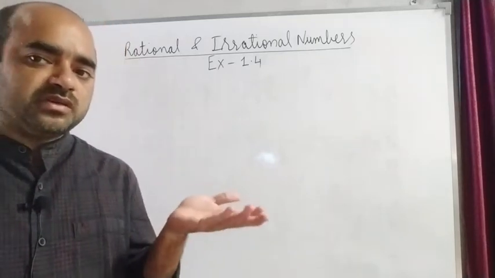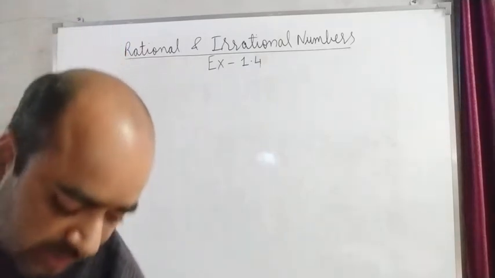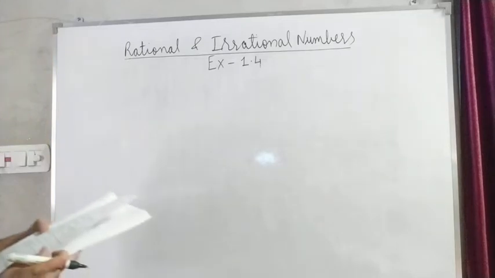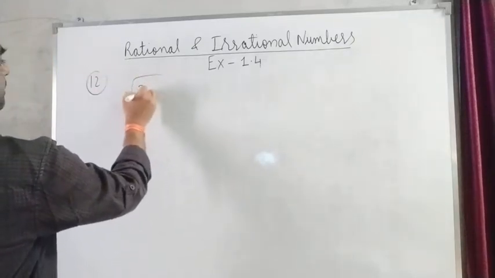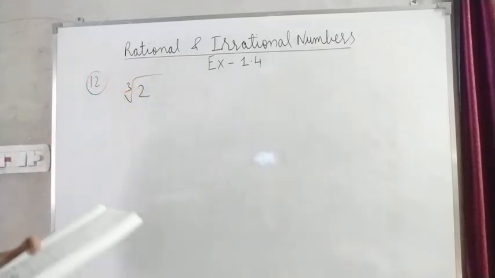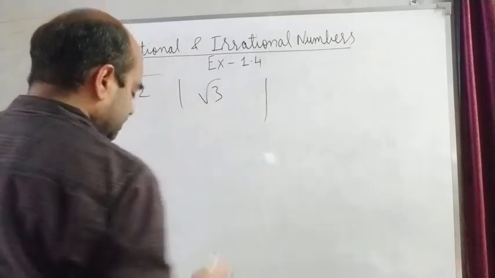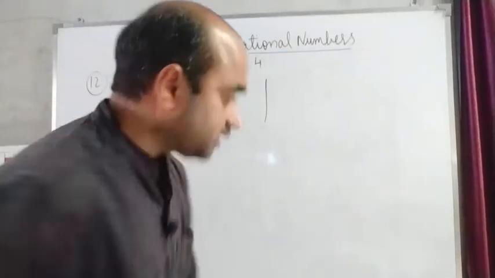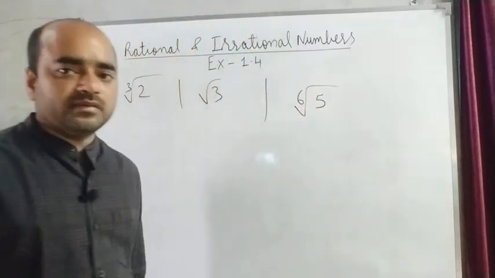Square root everywhere. But here the radicals are of different order. See, the first number is cube root of 2. Next one is square root of 3. And last one is sixth root of 5. Clear?